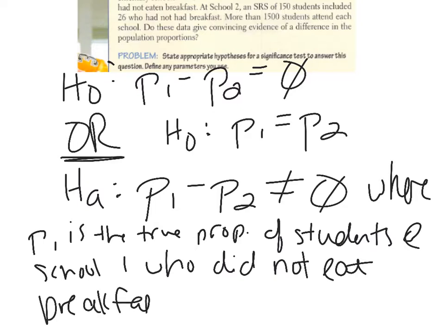And then I would continue on to say that P2 equals the true proportion of students at school 2 that did not eat breakfast. So I go ahead and define my parameters here as well.